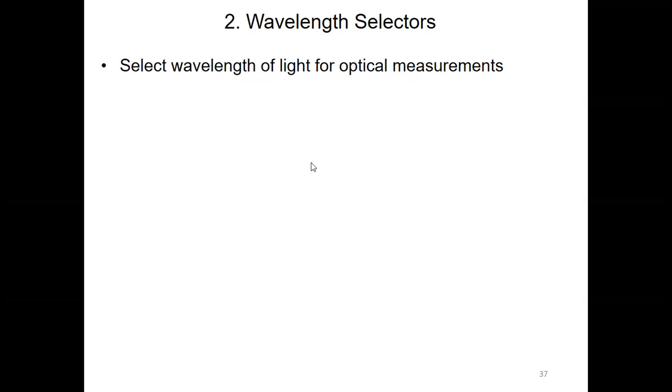Okay, let's move to the second one, wavelength selectors. As the name implies, the wavelength selector selects the wavelength of light. So it selects the desired wavelength.